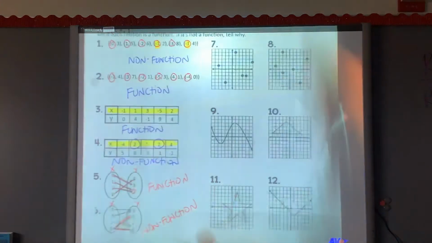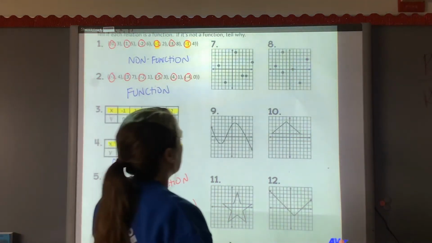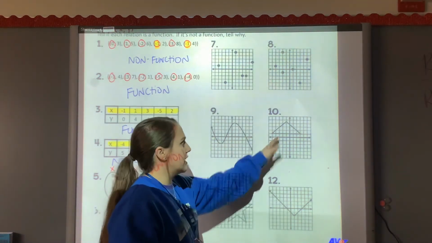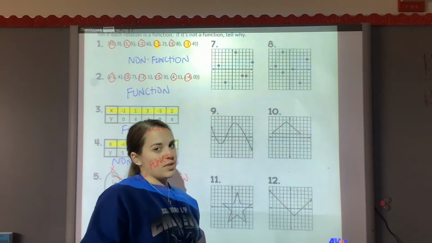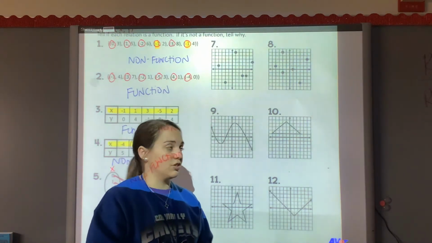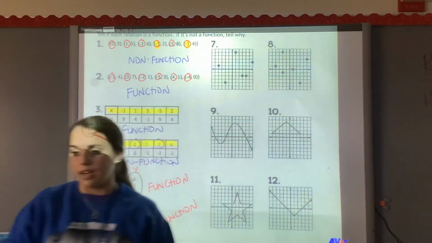Let's try out our vertical line test to see if these graphs are functions or not. Okay, some of these are going to get a little bit weird because you've never seen graphs like this before, and we're really not going to work with them too much besides this fact of trying to identify functions or not. Remember, a function is only identified by using the vertical line test.